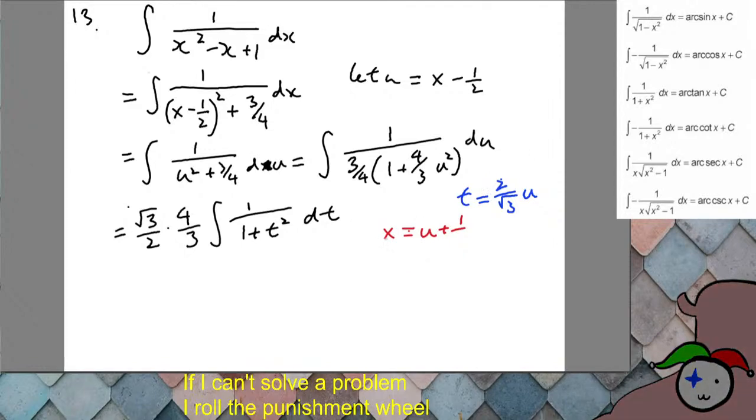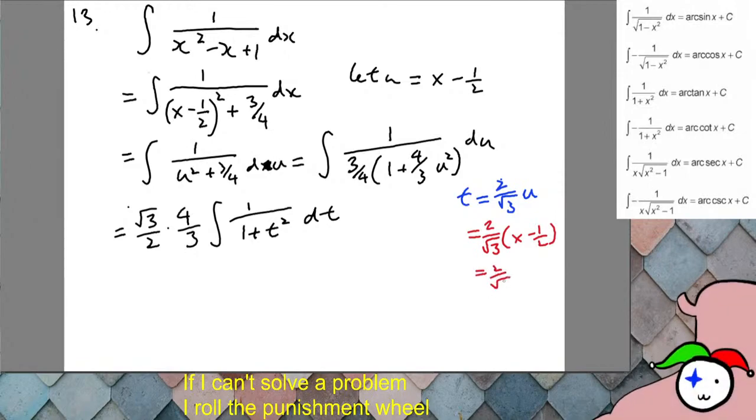So t is 2 over root 3 of x minus a half, which is 2 root 3 x minus 1 over root 3. I guess I was squaring it afterwards.